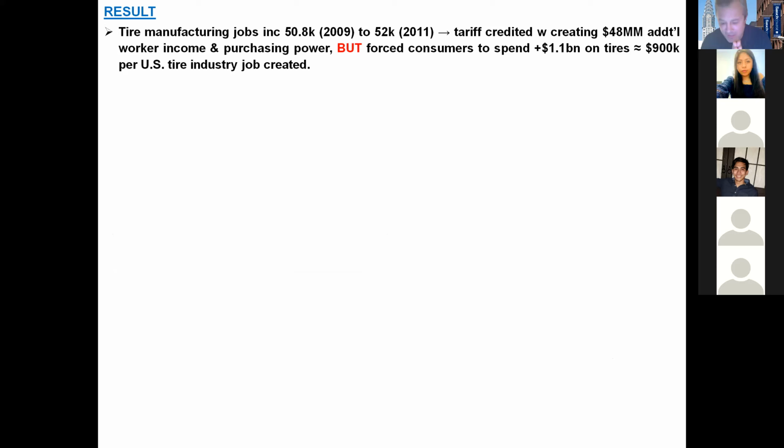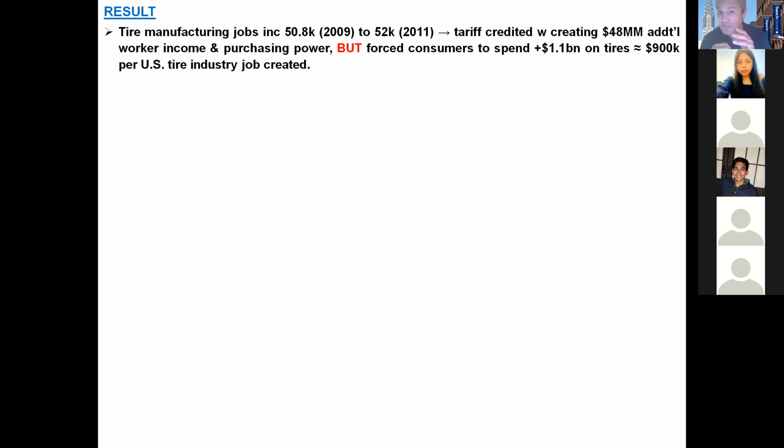The tariff was credited with creating $48 million of additional worker income and purchasing power, but it forced consumers to spend an additional $1.1 billion on tires, which equates to about $900,000 per tire industry job created.